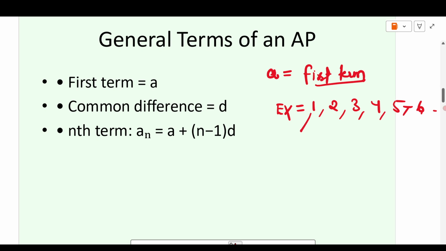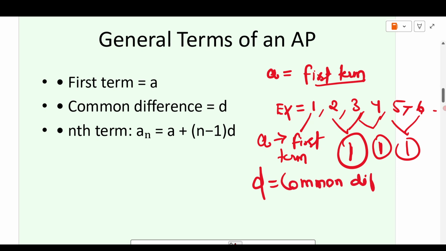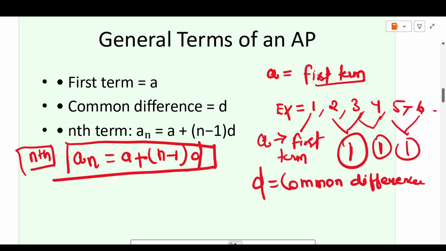So here the first term is 1, so A denotes the first term, and the common difference is 1. You can check here 1, 1. So D denotes the common difference, right? And what is the nth term? The nth term is denoted An, that is A plus n minus 1 into D. This is the nth term of an AP.